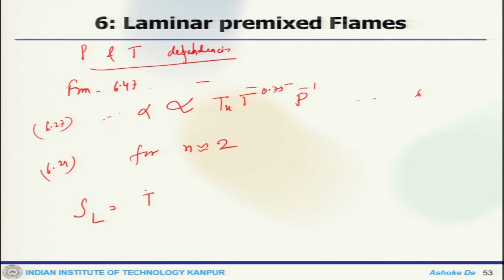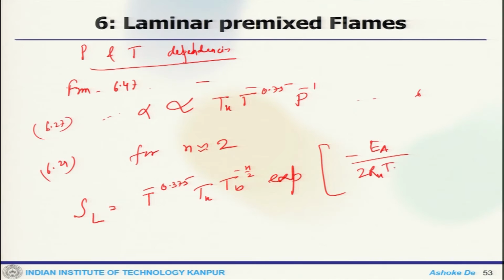SL equals T bar to the power 0.375 Tu minus n by 2 exponential, P to the power n minus 2 by 2.